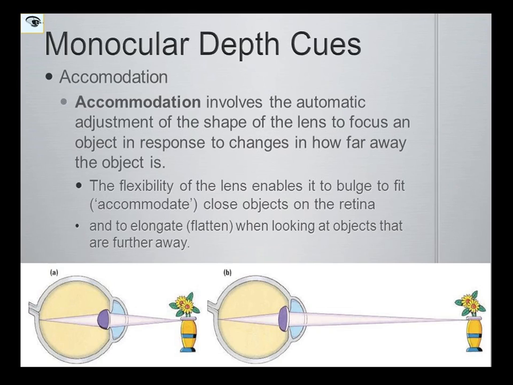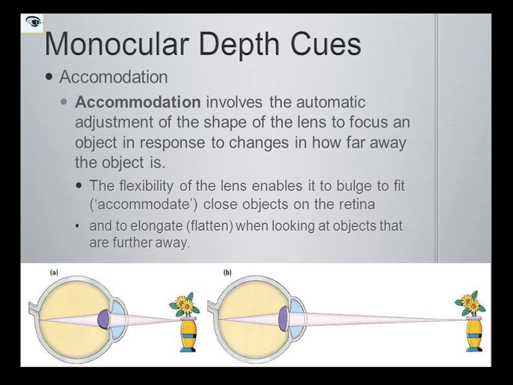When the object is more than 2 meters away, the ciliary muscle is going to relax. When the ciliary muscle relaxes, the lens is going to flatten. As the object begins to move nearer to the eyes, the ciliary muscles contract, and as they contract, the lens thickens.